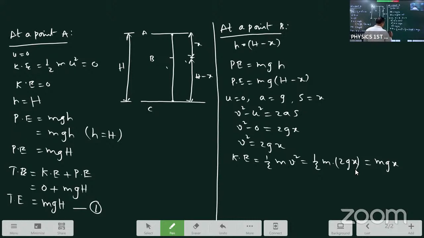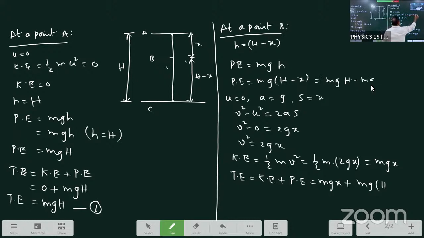So total energy is KE plus PE. That is equal to KE means mgx, PE means mg(h minus x). Better I want to split this, that is mgh minus mgx.